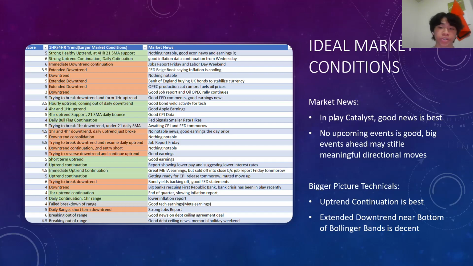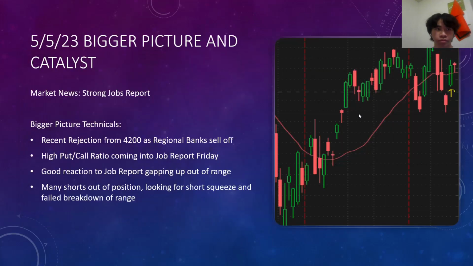And then for a bigger picture, what I found was uptrend continuation is the best. But also, whenever it's an extended downtrend where price is near the bottom of the Bollinger Band, these setups also work. But ideally, you'd want to have an uptrend continuation. So on the specific day, the bigger picture was that it's on a daily uptrend, and there was a strong job report reaction.